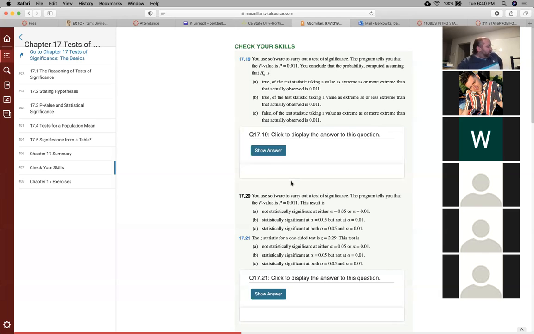I want to see if anyone knows the answer to this question before I explain it. I don't know is a perfectly acceptable answer. I'm totally okay with I don't knows. I would love if there's any correct answers here between A, B, C, or I don't know. So I have a B. I have a few I don't knows.